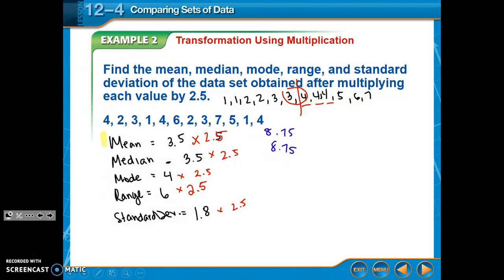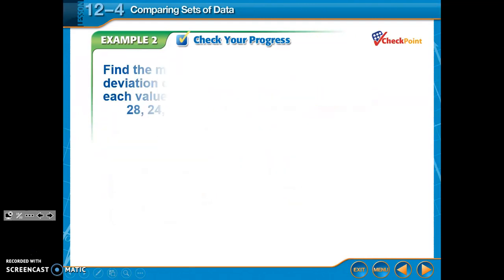My mode is going to be 10. My range is 15. And my standard deviation is 4.5. All right, so those are transformations of a set of data.